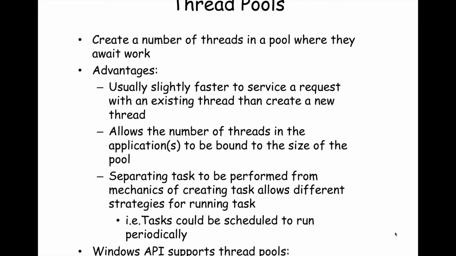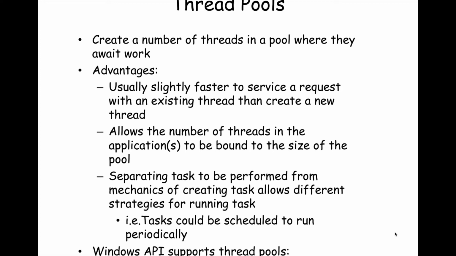I'm going to give that function to worker 1. I'm going to give this other function to worker 2. And you keep handing out these functions to these different workers. And you decide ahead of time how many resources, in terms of thread resources, you're going to use at the point where the application starts. So you can do better capacity planning for your hardware. And so it allows the number of threads in the application to be bound to the size of the pool.